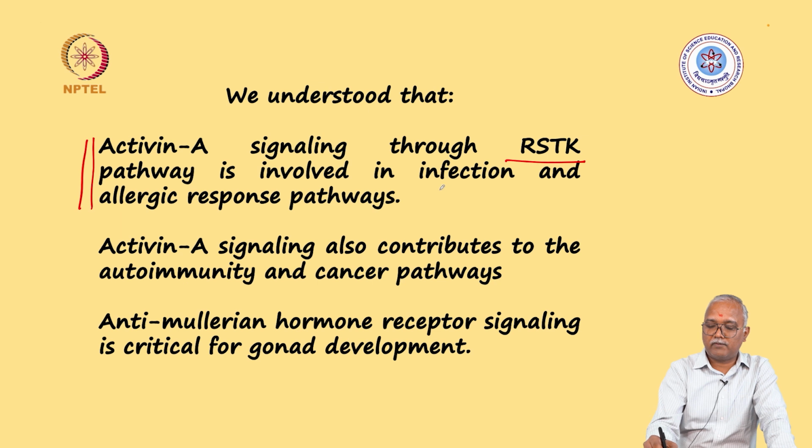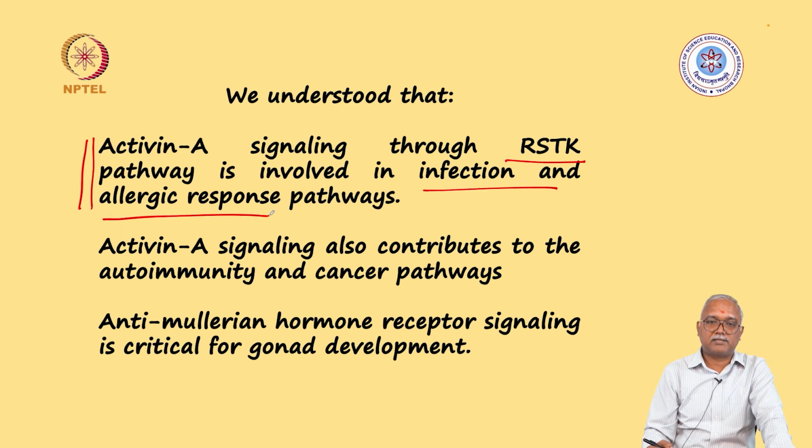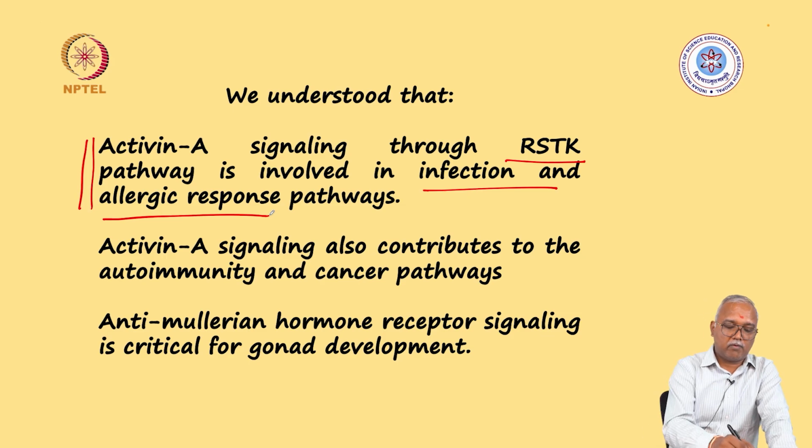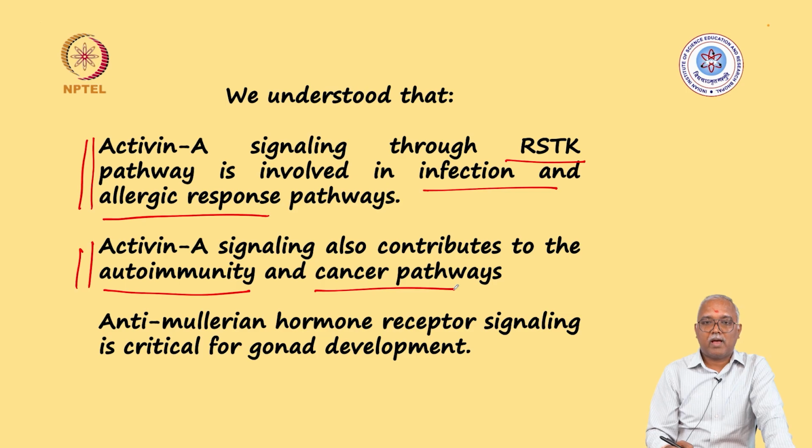It is involved in the infection process or infection response process as well as allergic response process. We have also seen that how activin signaling is contributing towards autoimmune condition or pro-inflammatory conditions and cancer pathways, where promoting cancer or inhibiting cancerous growth.